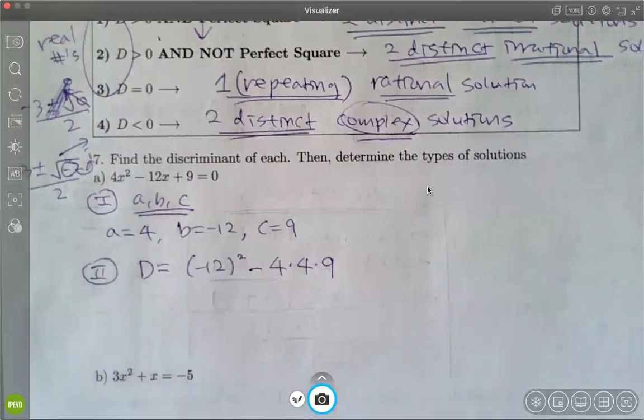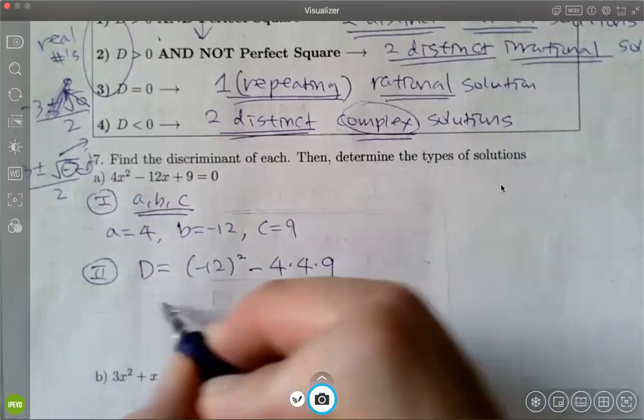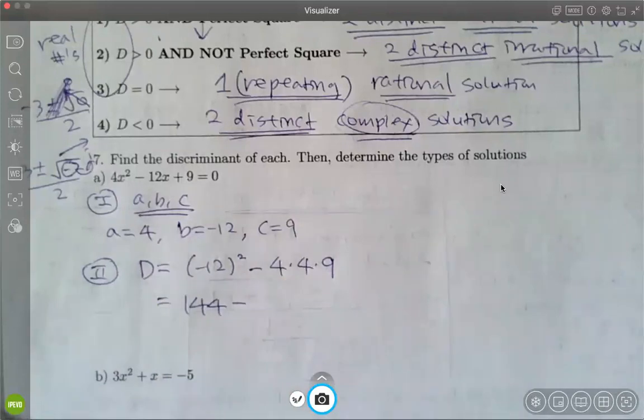Now, what is -12 squared? 144, yes. And now, what is 4 times 4 times 9?